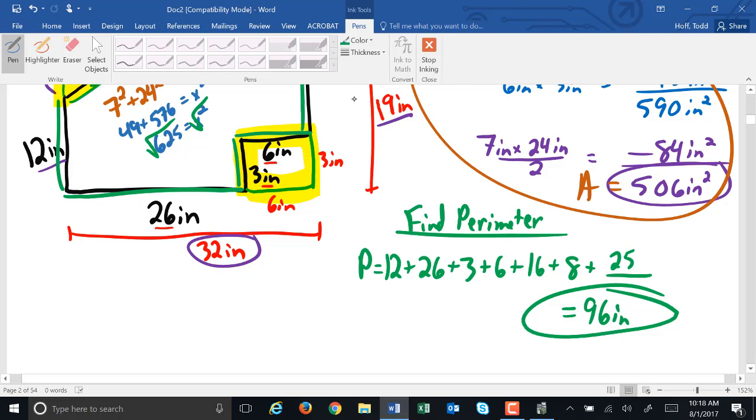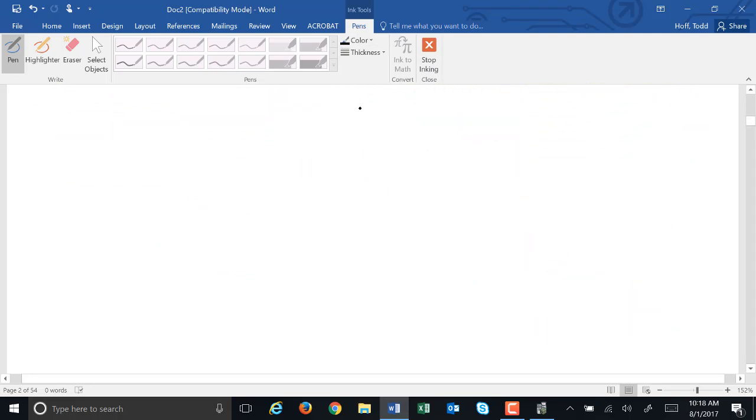Well, our next step then, moving up from area and perimeter, is to look at three-dimensional objects. And on three-dimensional objects, we'll be looking, of course, at volume and surface area.